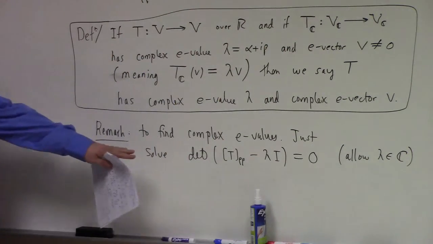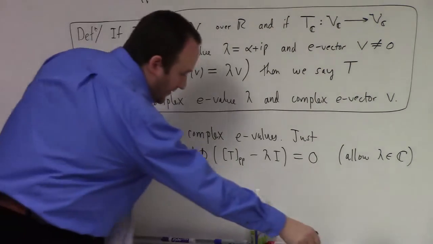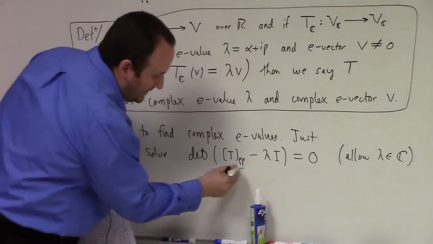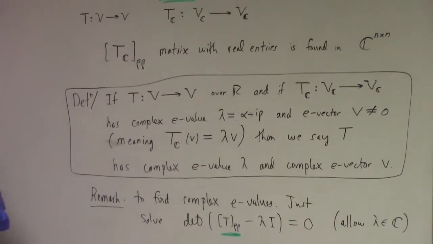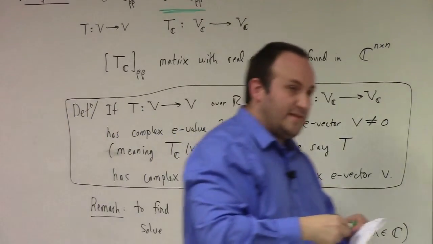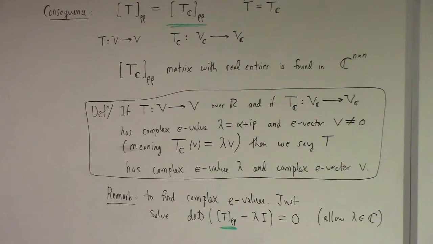This makes sense. Why do I know that there exist solutions to this? Because, as I just showed you up here, this matrix is the same as the matrix of the complexification, right? And the complexification of T is a linear transformation on a complex vector space.